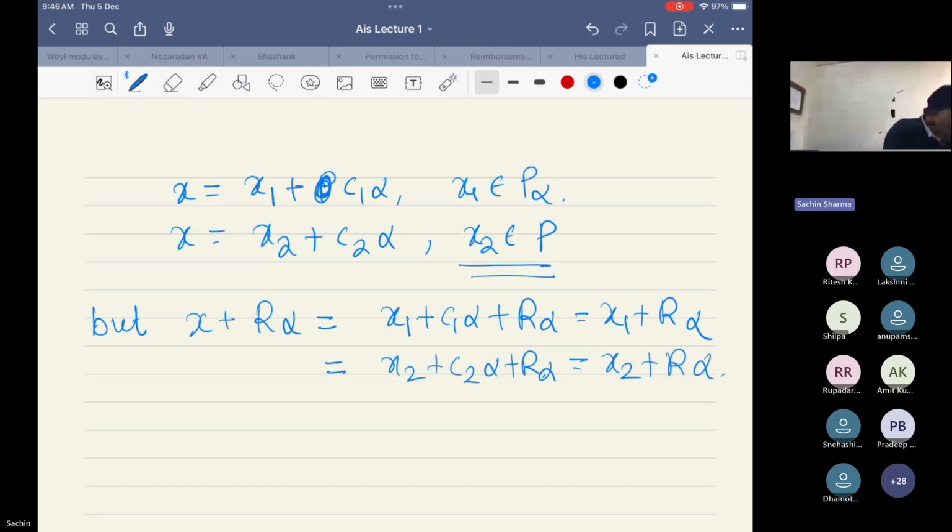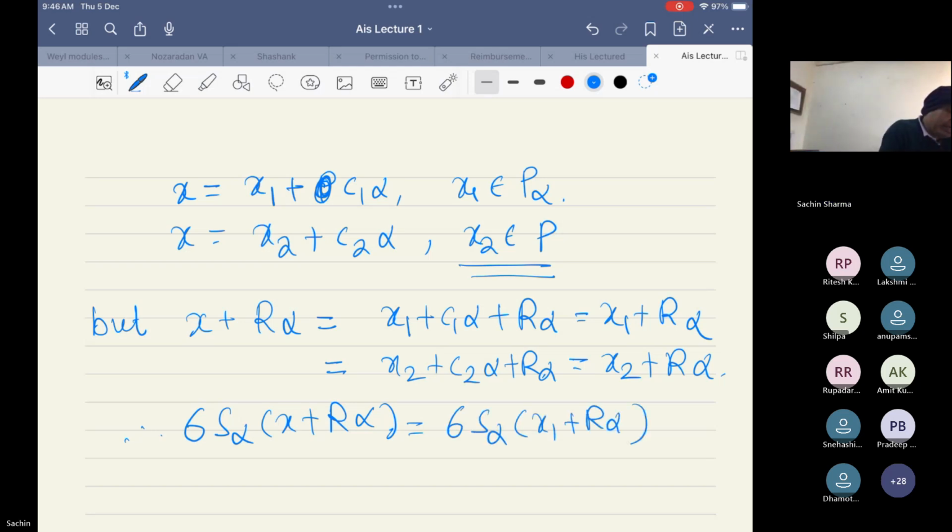Okay. Now consider sigma of S alpha of x plus R alpha. This is nothing but x1 plus R alpha.